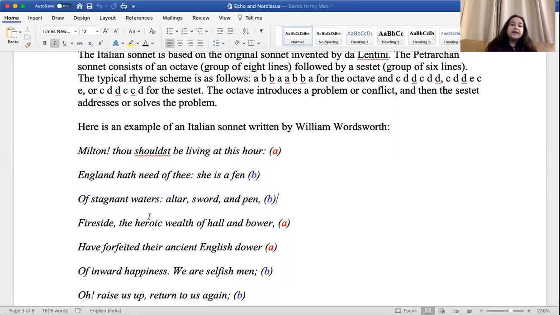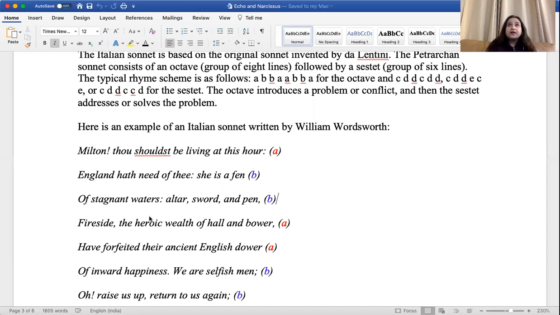So here William Wordsworth is saying that Milton is obviously somebody who is considered like a savior for England. England needs you, Milton, and you should have been alive, because there is a degradation in England of stagnant waters.